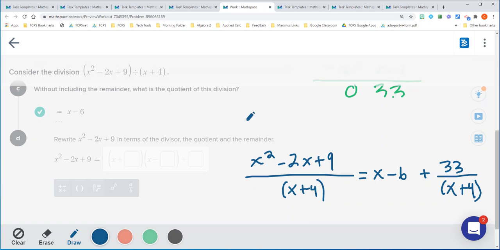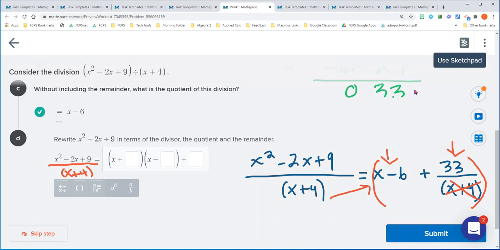I know cross multiply is a little bit tricky here, but if I multiply this x plus 4 to the whole other side, it goes to the first piece, and when it goes to the second piece, it cancels out. So the x plus 4 goes to the first piece, and then we're left with the remainder.